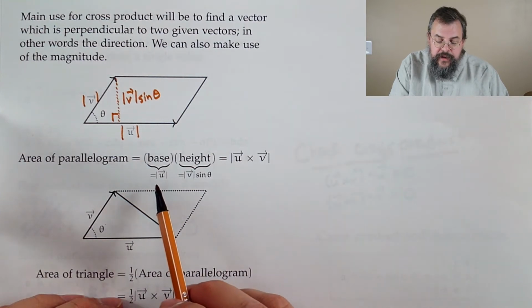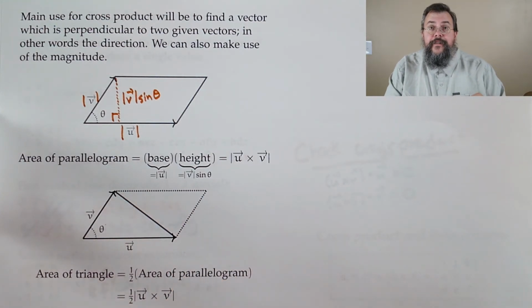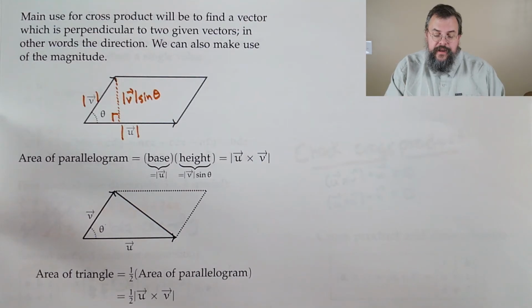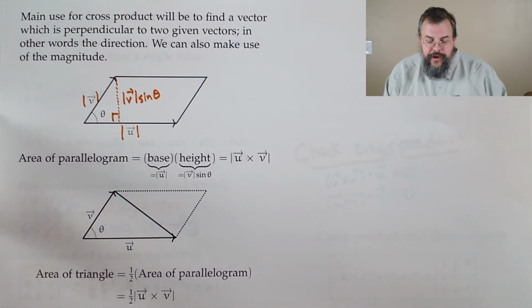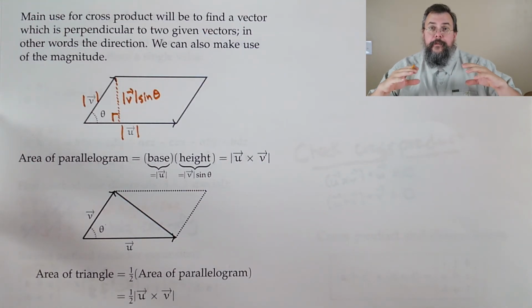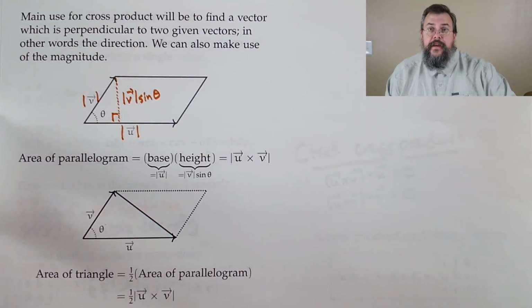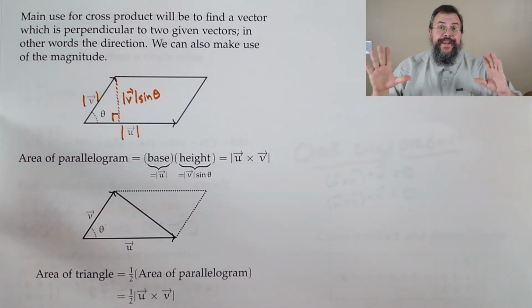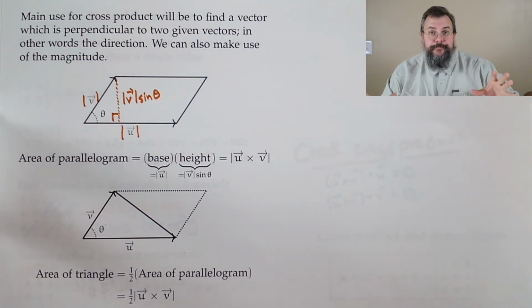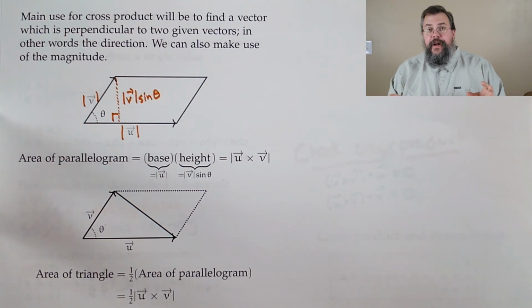So magnitude of u times magnitude of v sine theta, according to our property, that's the magnitude of u cross v. So now we say, ha-ha, cool. So we can say that the magnitude of our cross product can be used to help us find the area of the shape where we have u and v as the sides of a parallelogram. Now, of course, keep in mind, this works in dimension 2. Now, maybe you don't like parallelograms.